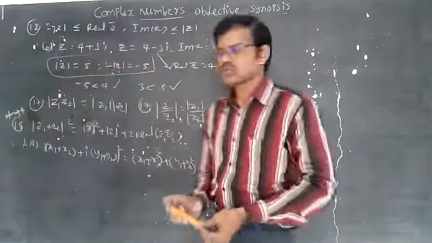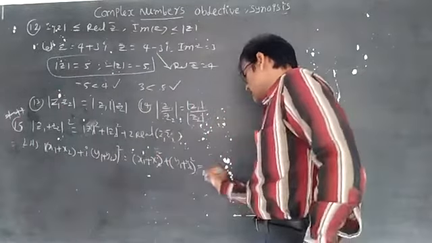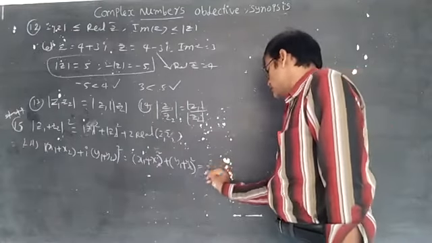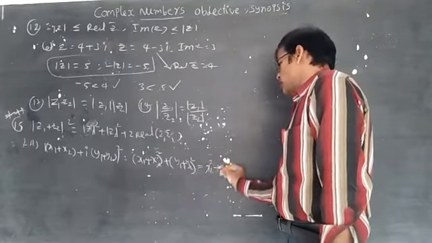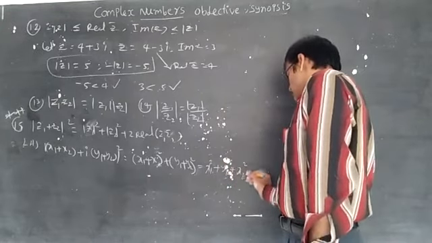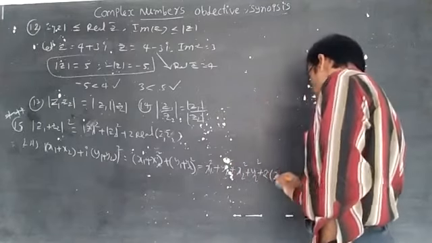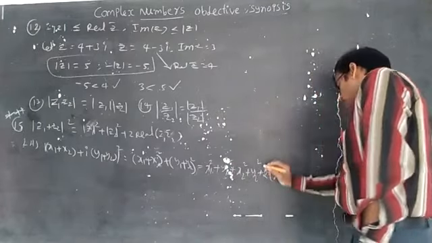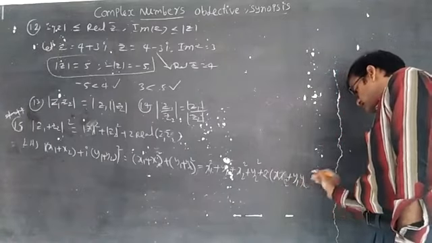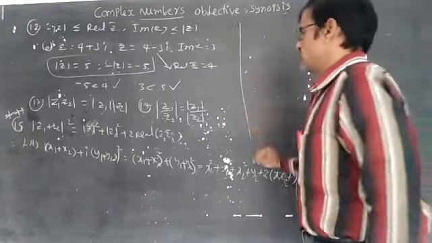Keep aside. And expansion is also needed. So write the proper way here: x1 square plus y1 square plus x2 square plus y2 square plus 2 into, with 2 taken common, x1 x2 plus y1 y2.